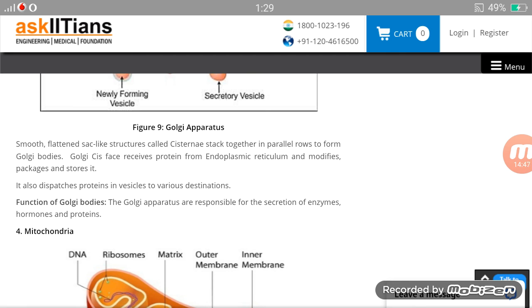It also dispatches proteins in vesicles to various destinations. And what is the correct function of Golgi bodies? The Golgi apparatus is responsible for the secretion of enzymes, hormones, and proteins.